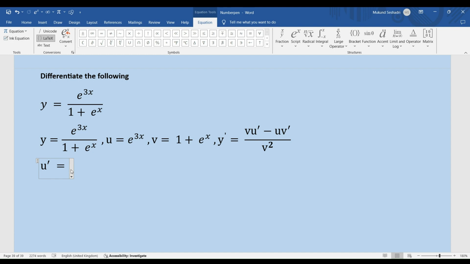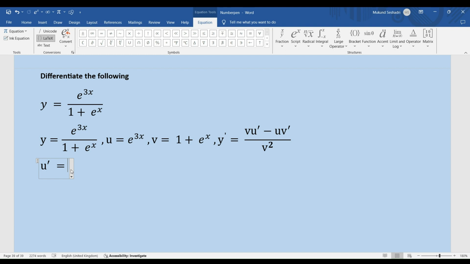And I want you to get used to the practice of solving such problems. You don't have to necessarily do a substitution at every stage. Like for example, if you pick up e to the power 3x, then my u dashed is d by dx of e to the power 3x, right?